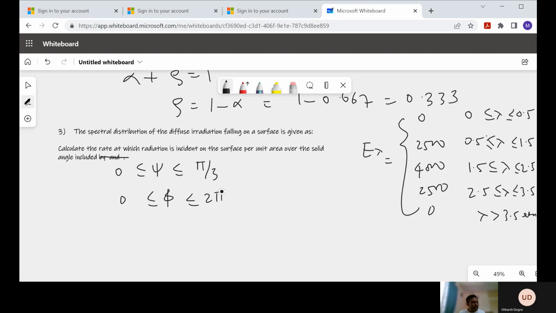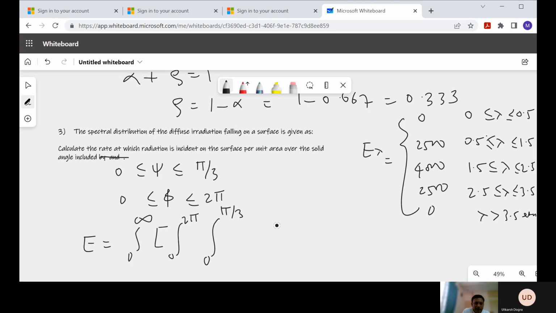So basically we are interested in calculating the incident flux. So we want to calculate this E, which can be given by the integral from 0 to infinity. This is the summation over lambda, isn't it? But the incident radiation is also varying along the psi and phi direction. So 0 to 2 pi is phi varying, and 0 to pi by 3 is psi varying, isn't it?